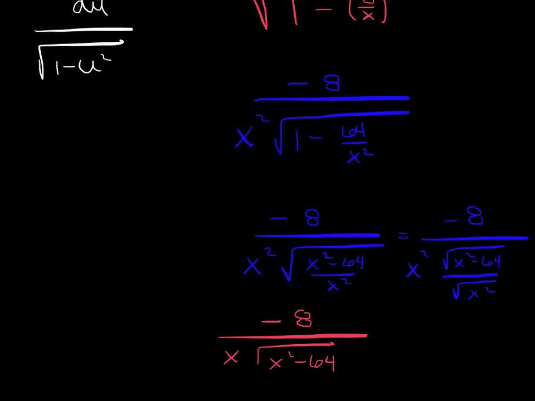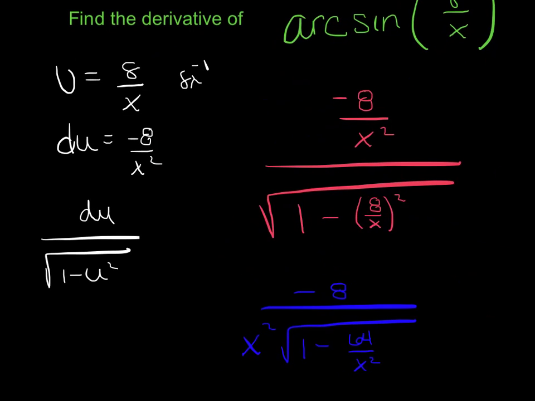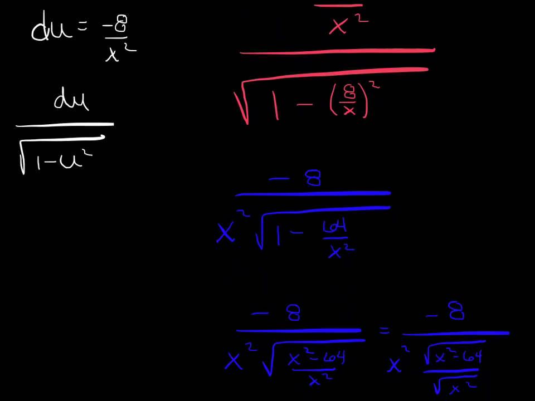Alright, so I've got my work off to the side here. I have identified my u as 8 over x. So I rewrote it as 8x to the negative 1. Its derivative is negative 8 over x squared. And here's my rule. So I'm simply writing my du over my square root of 1 minus u squared. And that's this substitution. You'll see that I then quickly move the x squared to the bottom.